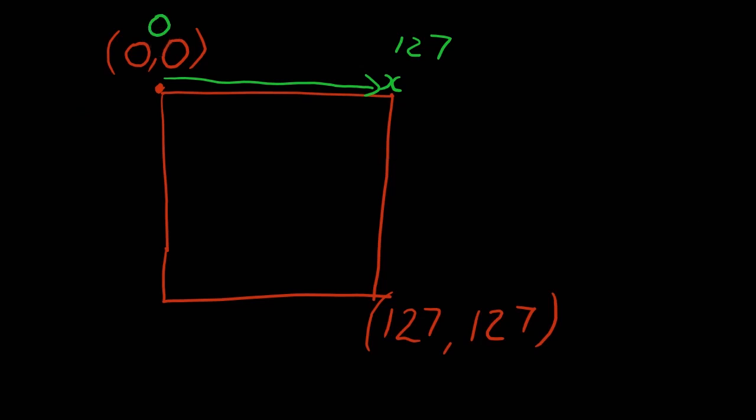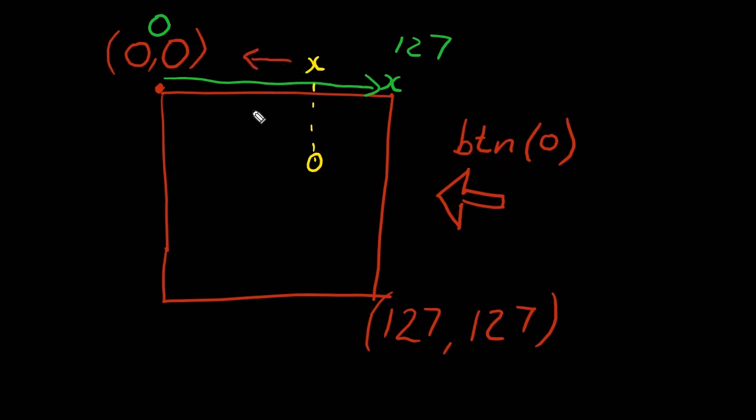So our object, which might be on the screen located, say here, has an X value there. And if we press our left arrow button, which is button 0, then X is going to move this way. In other words, it's going to get less. It's going to go from a high number to a small one.